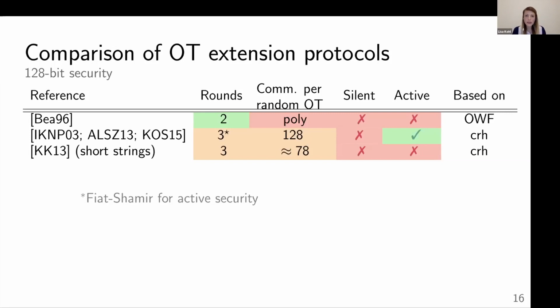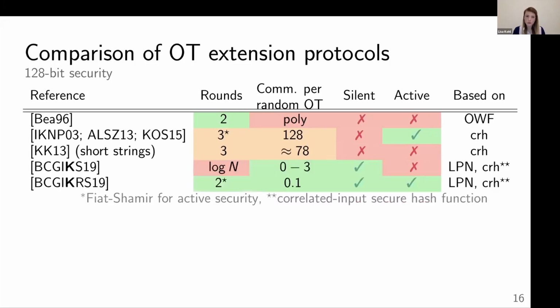Communication is still in the order of 70 bits, even if you only care about a single bit OT. This is something that, if you use PCGs, you can bring down asymptotically to 0 bits, and concretely you get something like 0.1 bits, so almost a factor of 1,000 improvement.